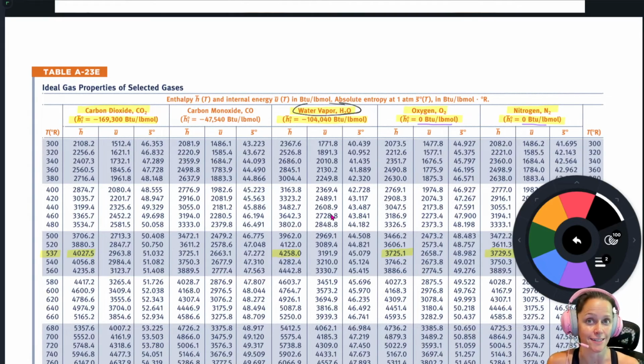I decided we're not going to repeat the process for figuring out the Q dot over N dot if they exit at room temperature, because we would have to account for some of that water condensing, and we are in crunch mode, so we are going to ignore that part. If it were a regular semester, we'd have a little more time. In these combustion problems, you can take it for granted that anything coming out, if you have to calculate a Q dot, is exiting as a vapor.